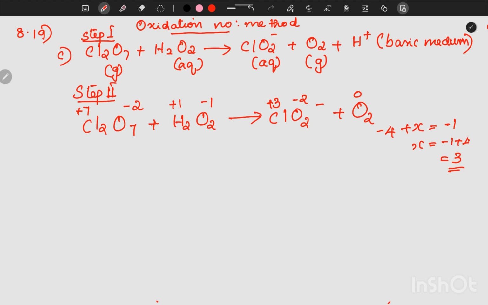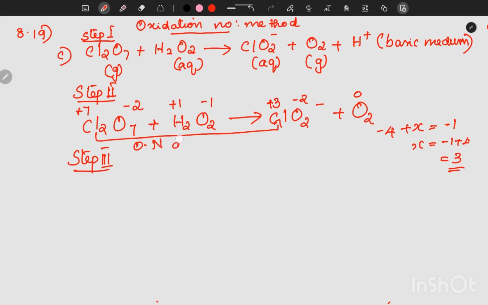Now, step 3, we have to find out the increase and decrease in oxidation number, and we have to make it equal. For that, let us go back to step 2. In step 2, we can see the oxidation state of chlorine atom decreased by 4.